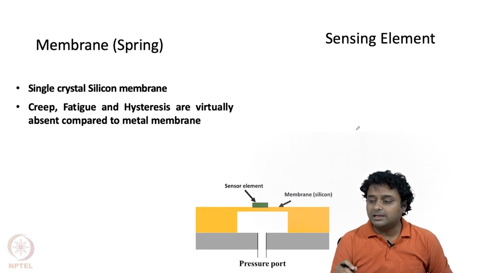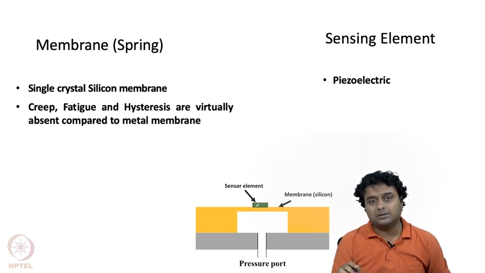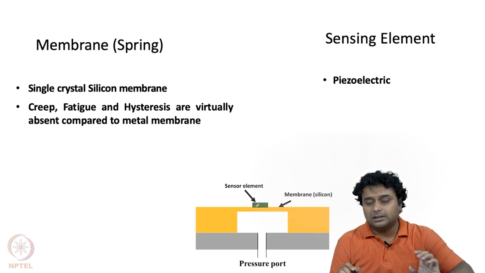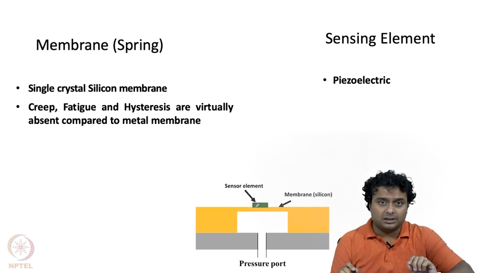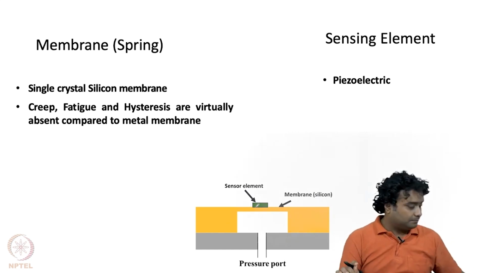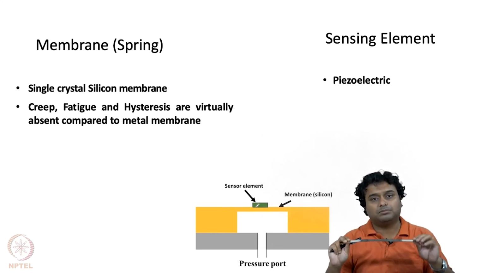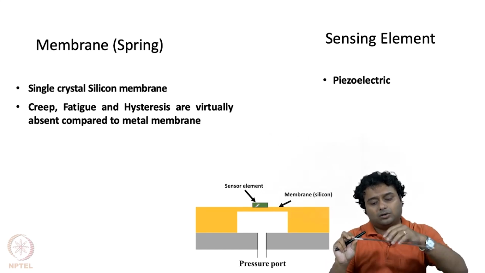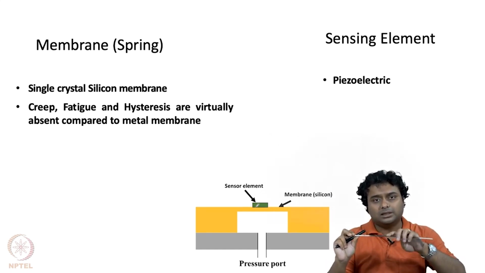Now for the sensing element also we have different options. One option is piezoelectric sensors. While we are putting this sensor, this will be a piezoelectric material. What is the property of a piezoelectric material? If we apply some kind of stress or strain on it, then it generates some voltage. Let's say this is a cantilever or membrane, and on top of that we have some piezoelectric material.